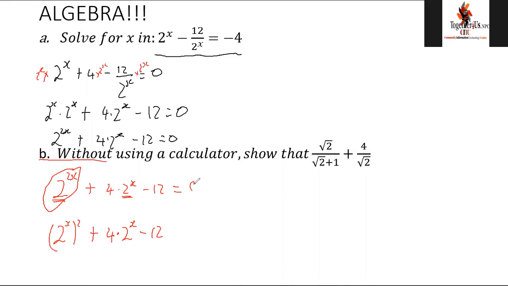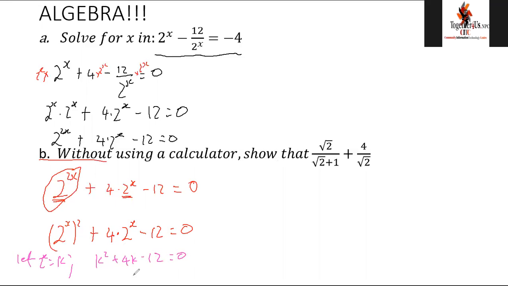So let me keep my equation sign. And what comes out now, if you let 2 to the x be any letter, k for example, so let 2 to the exponent x be k, then you realize you actually have k squared plus 4k minus 12.